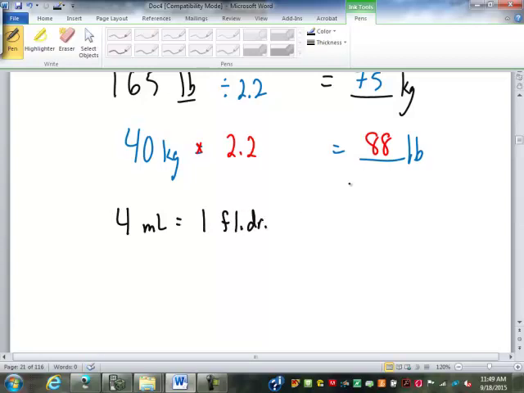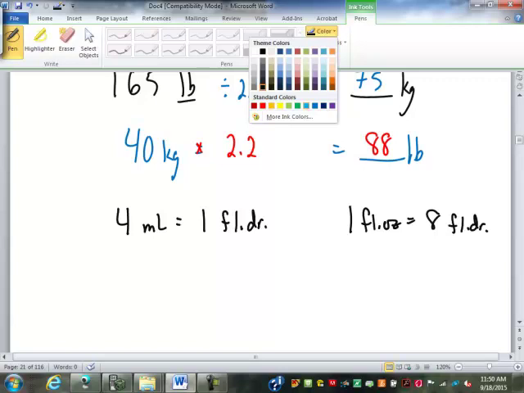Now, we haven't talked about a fluid dram yet. I've kind of avoided it because a fluid dram doesn't make any sense. 1 ounce is 16 drams, but 1 fluid ounce is only 8 fluid drams. Makes very little sense, but it's the way they set it up.